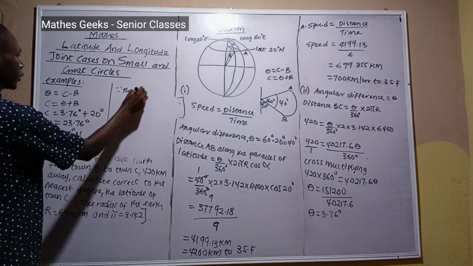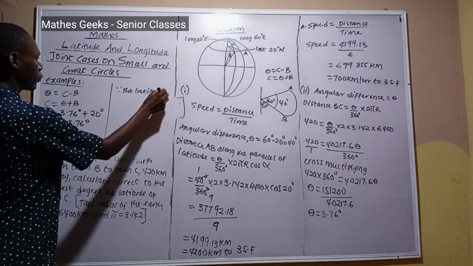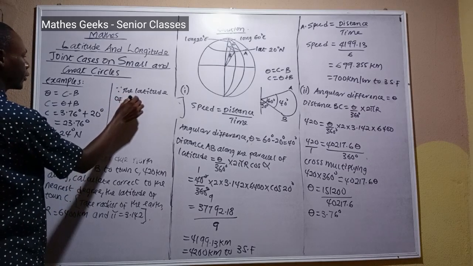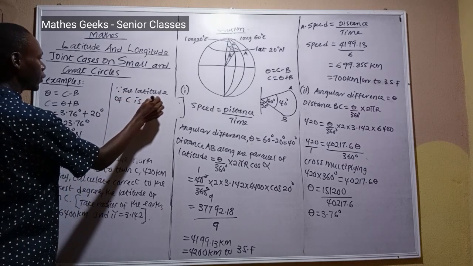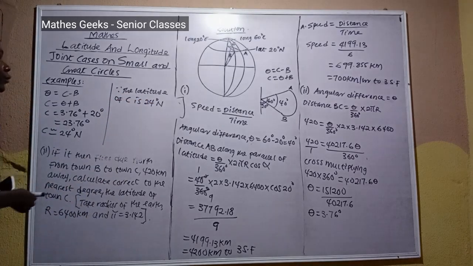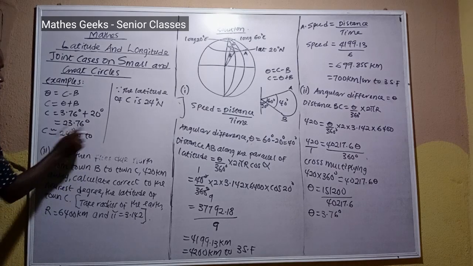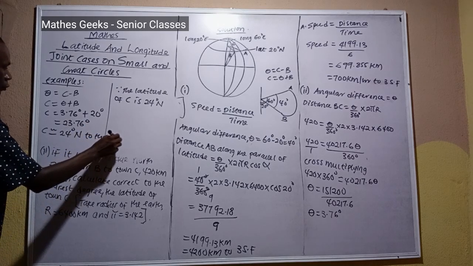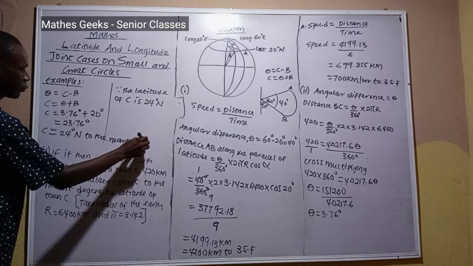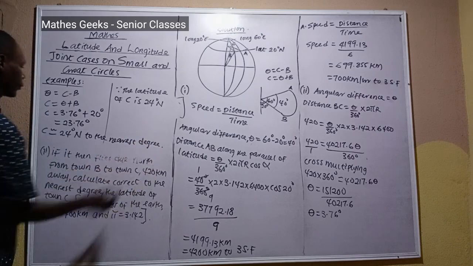Therefore the latitude of C is 24 degrees north, approximately 24 degrees north to the nearest degree.